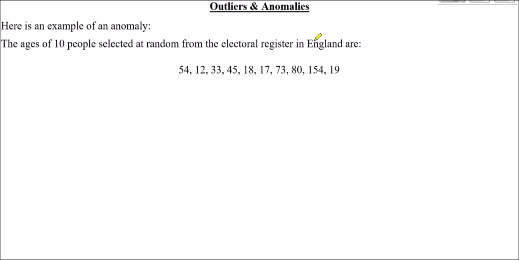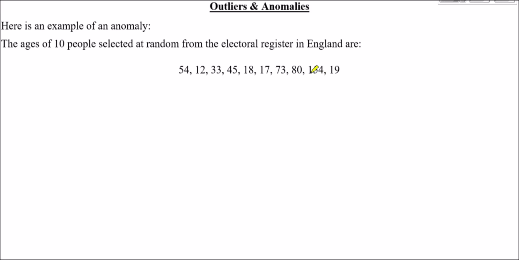So these are the ages. So if one person's 54, 12. At a quick glance, this looks to be fair enough. Okay, these all seem to be ages. However, if you look at this one, 154. No one is going to live to be 154. Not yet, anyway. Maybe in many years' time we'll develop some drugs, but 154, no chance.